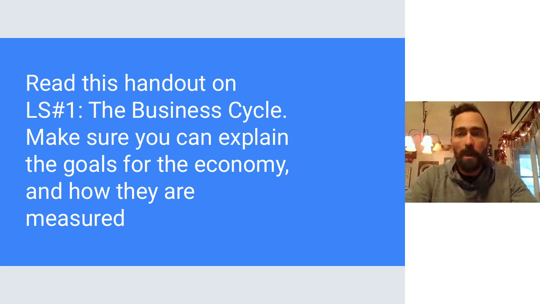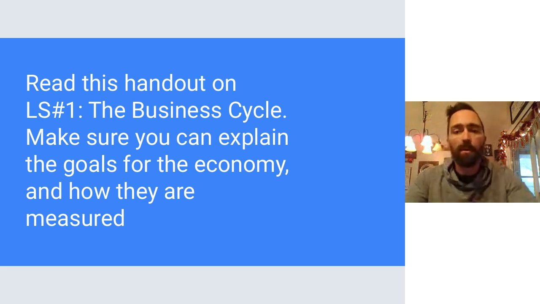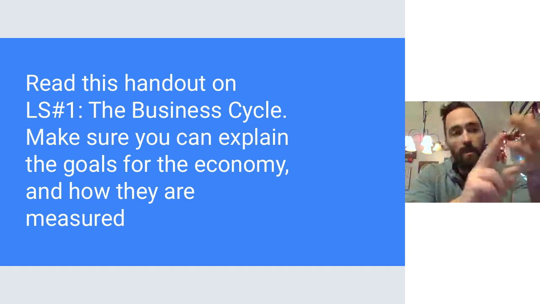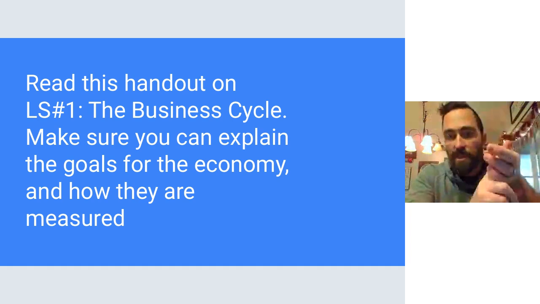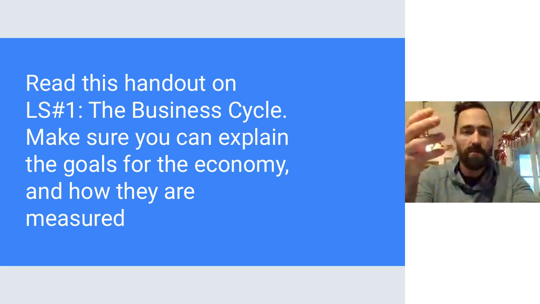And this is a good preview of the topics we're going to learn about over the next couple of weeks regarding the macroeconomy. By the time the unit is finished, you should have a much better understanding of what unemployment is, what GDP is, what inflation is, how they're measured, how economists go about quantifying, putting into numbers those variables, and what it means for the economy.